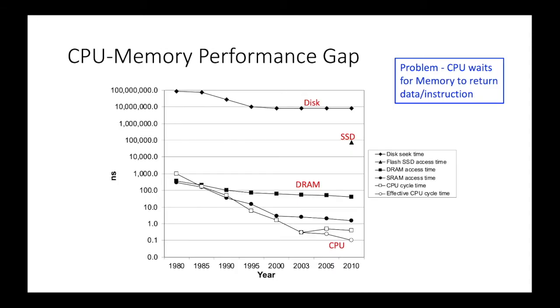There's a famous and important trend or problem called the CPU memory performance gap. As you can see from the graph, the performance gap between CPU and DRAM or disk has been widening. This is problematic because it means the CPU has to wait longer for memory to respond, and we need a solution to address this fundamental problem.